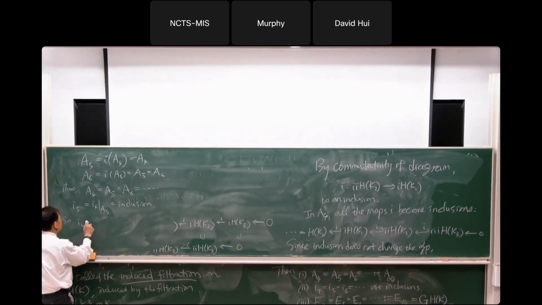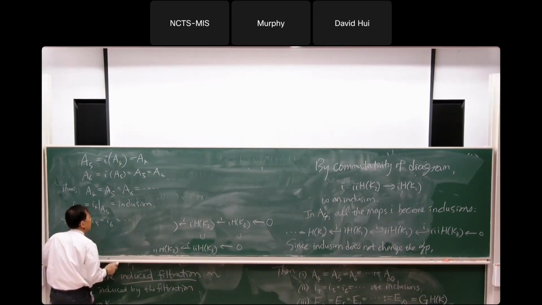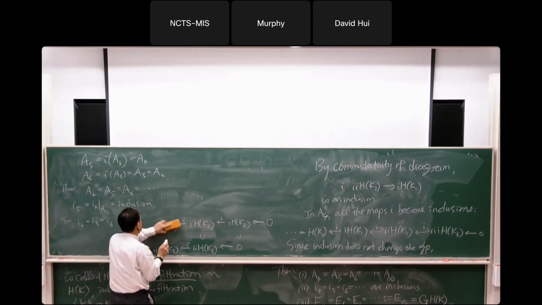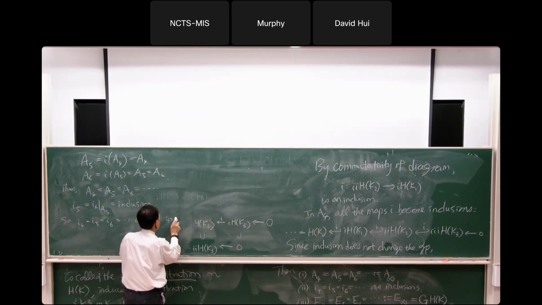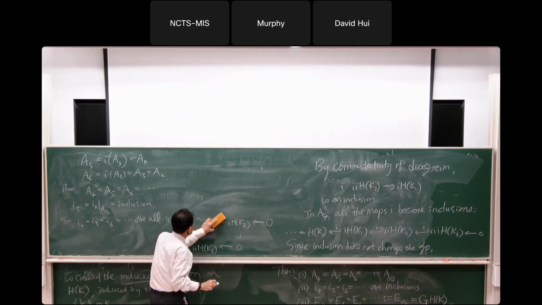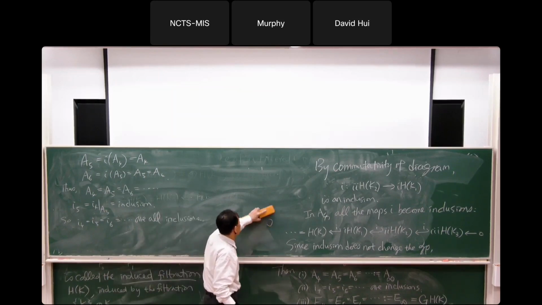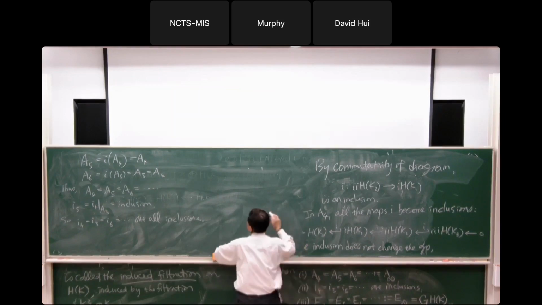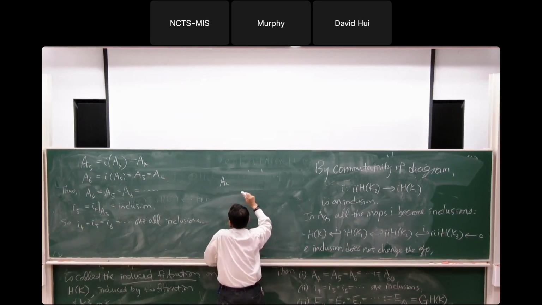So I4 is the same as I5, is the same as I6. Okay? And they are all inclusions. And so you have this exact couple.